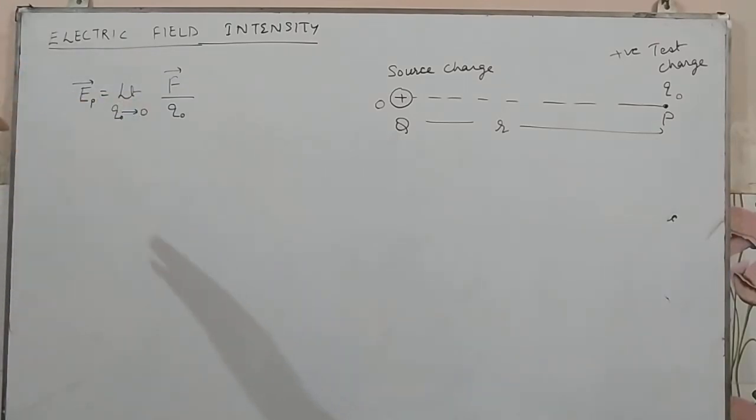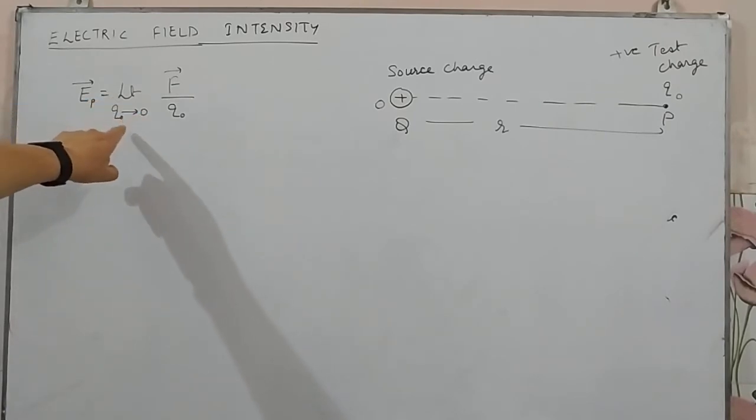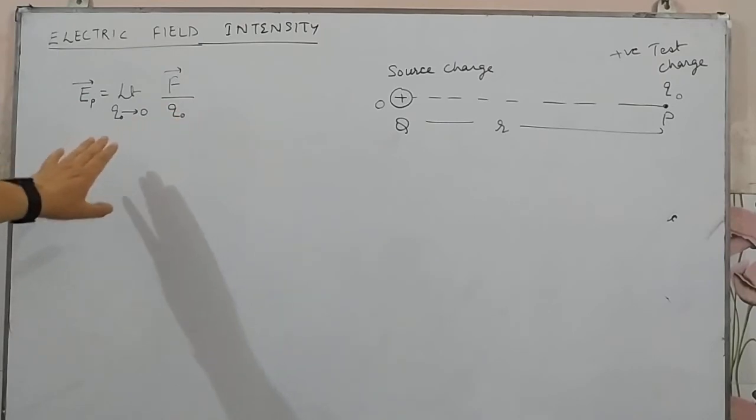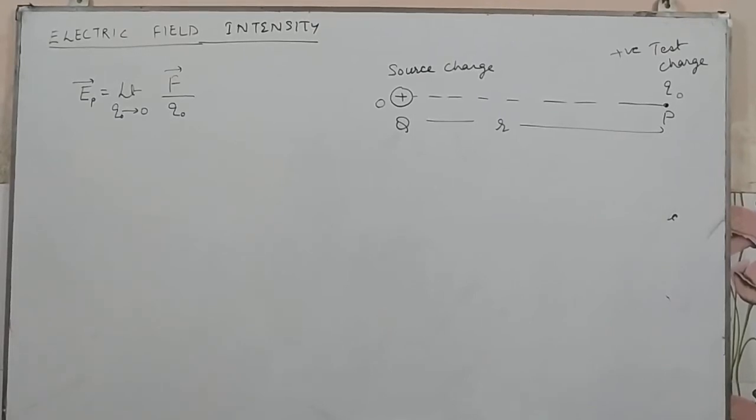Why? So that it should not affect the results. It is normally asked as a conceptual question, so prepare it well: why Q naught should be very small for the calculation of electric field intensity.